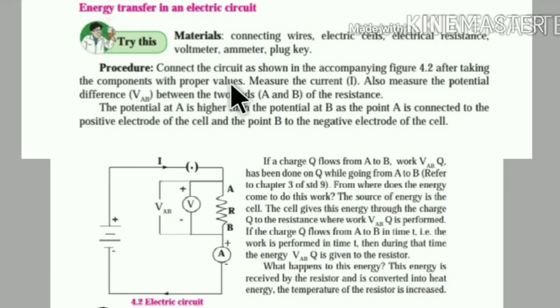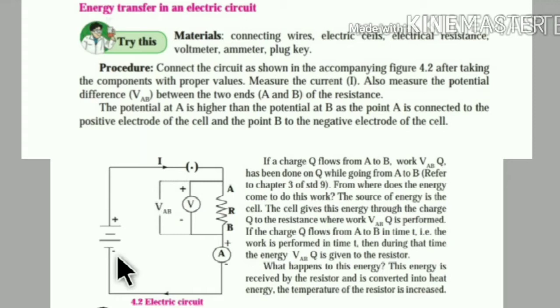Let us see the activity. In this activity they have given us materials, that is connecting wires, electric cells, electrical resistance, voltmeter, ammeter, and plug key. Then we are joining this circuit. Here is a connecting wire.